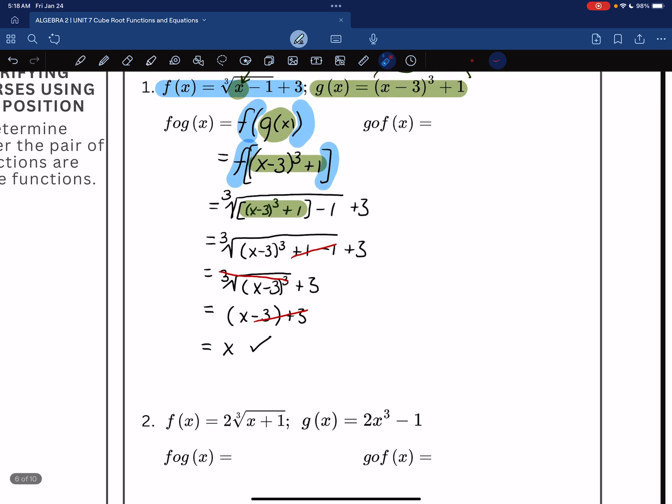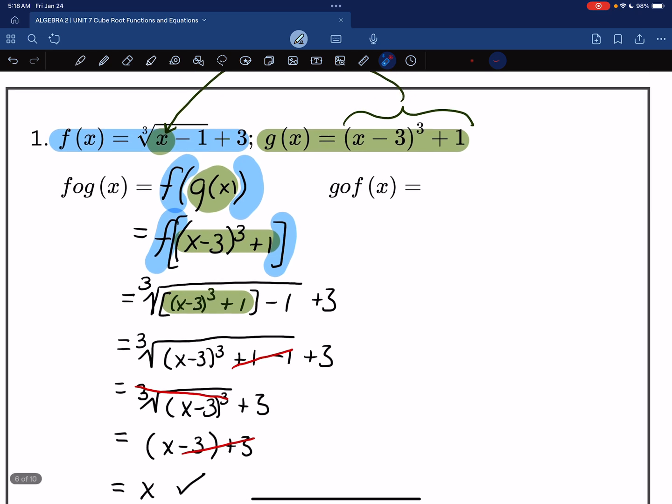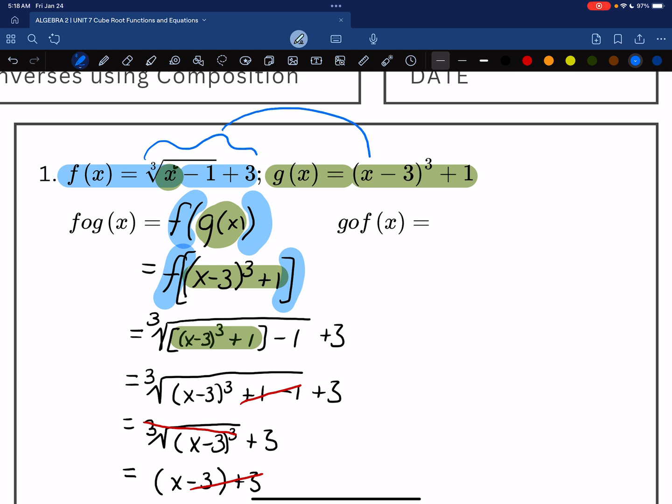Now let's try to compose this the other way around as well. So what that means this time is I'm going to take my blue function, all of this, and plug it into my g function in place of its input.